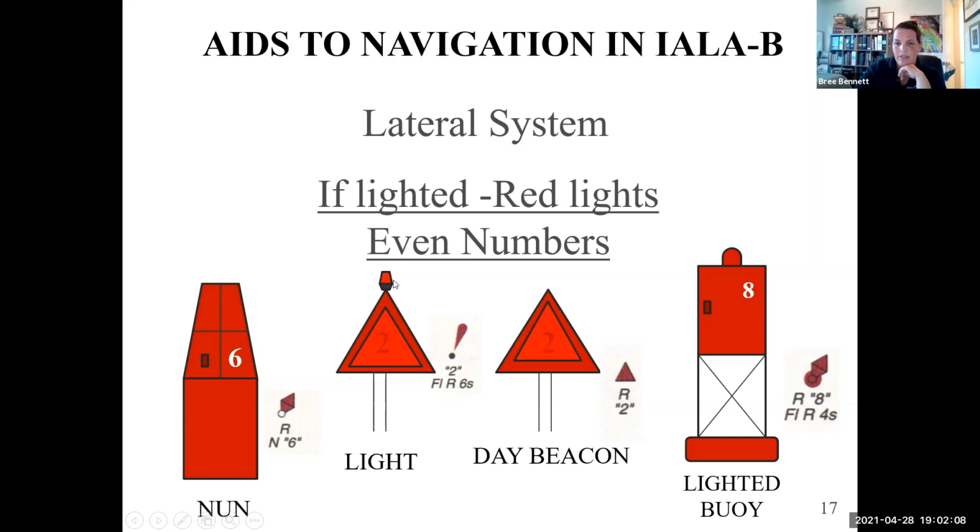If it's just the day marker, you just have red number 2. And then you have your buoy with no top marker or anything, just saying the buoy itself is red, it has a number 8 on it, and then you have the light characteristic. So we have different ways of indicating where the channel is. These are all part of our lateral system.